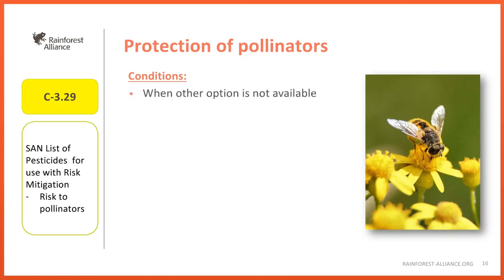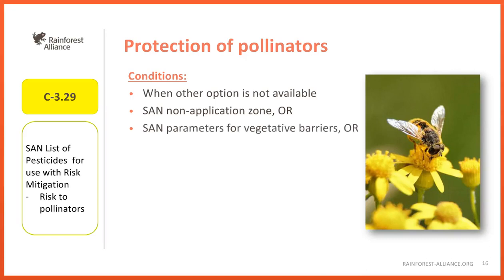Only when other options of a less toxic chemical are not available, complying with SAN non-application zone, or establishing vegetative barriers according to the SAN parameters, or implementing mechanisms to reduce spray drift.